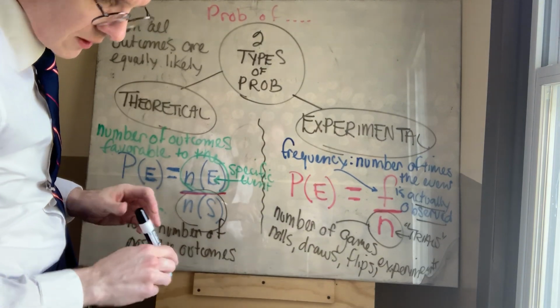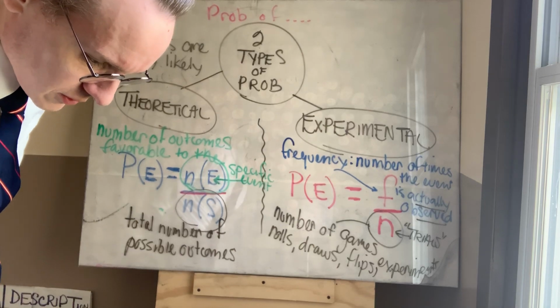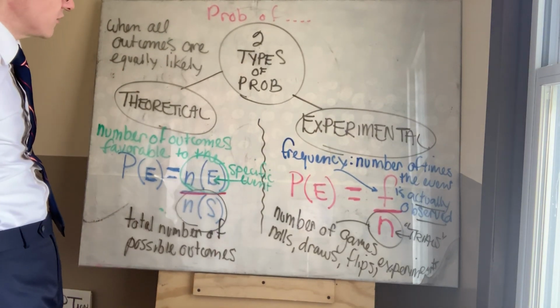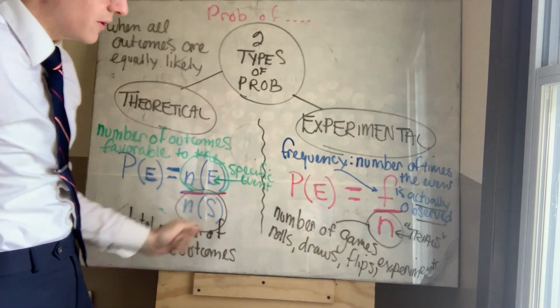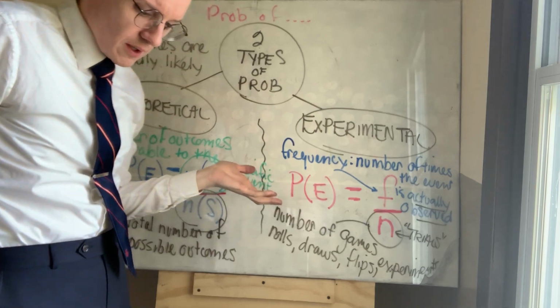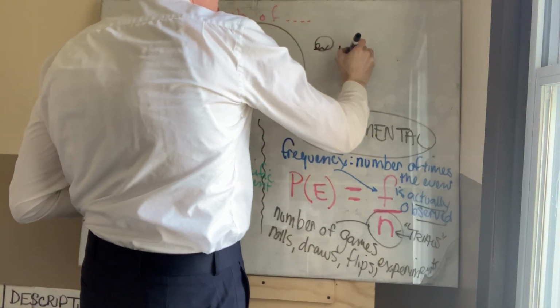All right. When there isn't a possibility of determining something theoretically, you may have to do an experimental probability. An instance of that would be something like life insurance.